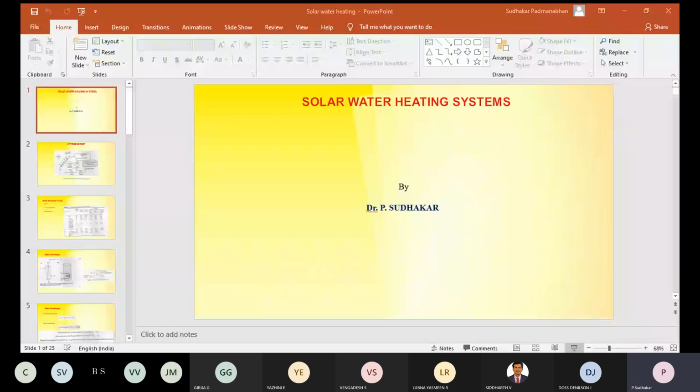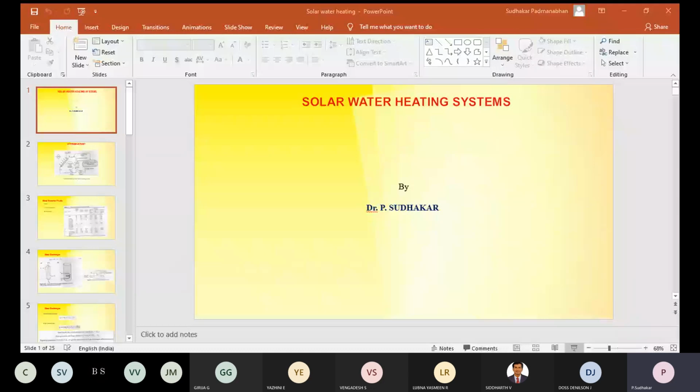That is, the pumps which are available in this diagram will not be there. It works only with the help of density difference. There will be a storage tank here, fully filled, with the collector lines and water tank fully filled with water, at ambient temperature or plus 2 degrees centigrade.